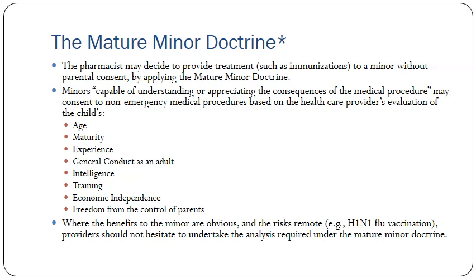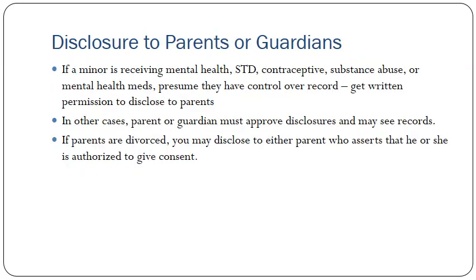The healthcare provider should document their judgment to apply the mature minor doctrine based on the patient's age, maturity, experience, general conduct as an adult, intelligence, training, economic independence, and freedom from the control of the parents.